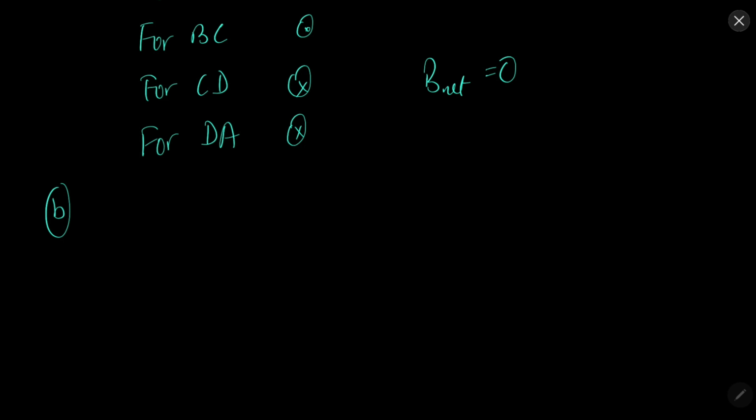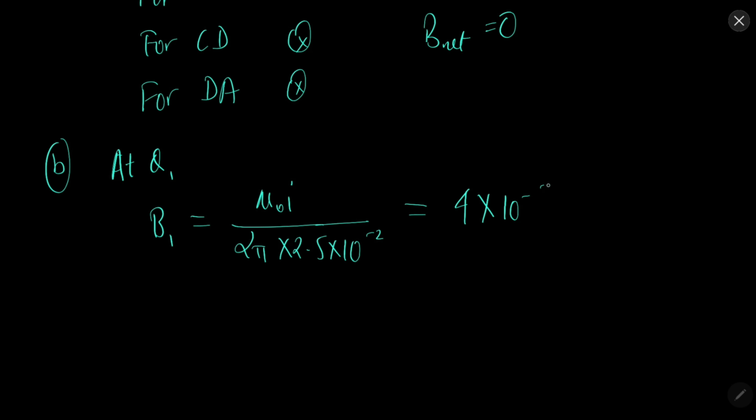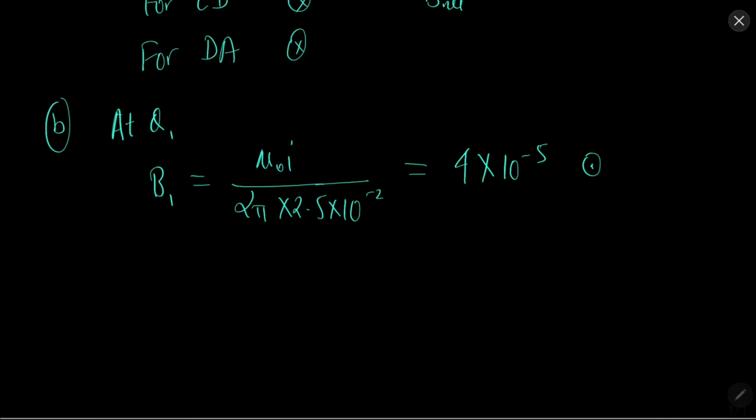Then B, various points are there. For example, at point Q1, we will have magnetic fields due to 1, 2, 3, 4. When we write for all of them, we will obtain mu naught I over 2 pi into 2.5 into 10 to the power minus 2. When we solve this, we will obtain 4 into 10 to the power minus 5 outside.